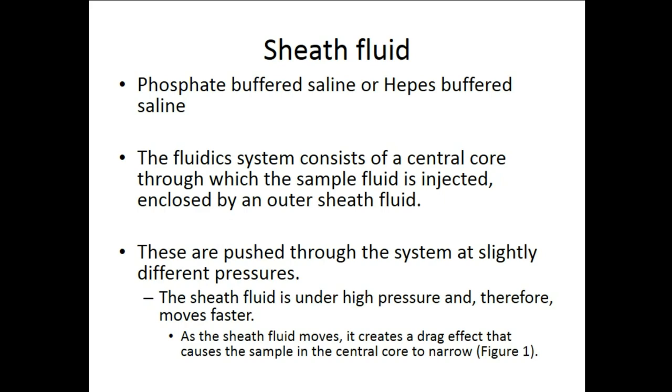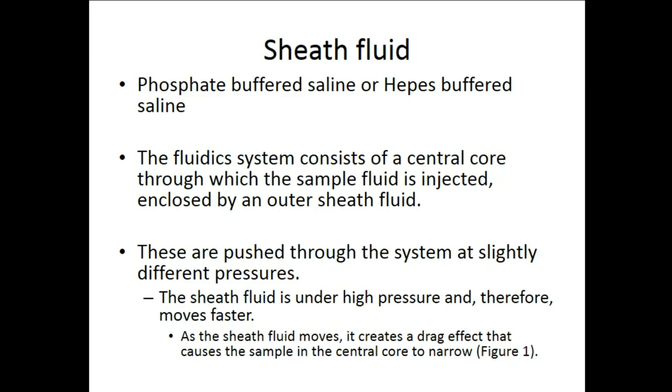So what is the sheathed fluid? The sheathed fluid is phosphate buffered saline or HEPES buffered saline. What this basically is, is salty water. More or less, it's water with a whole range of salts.